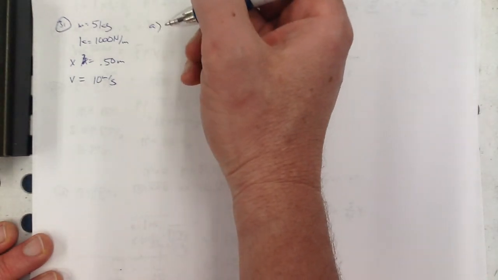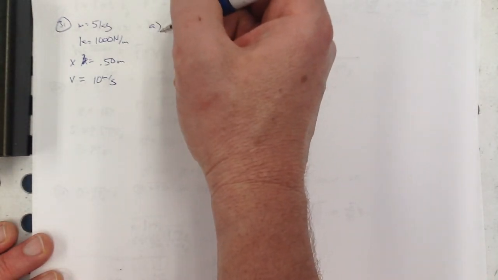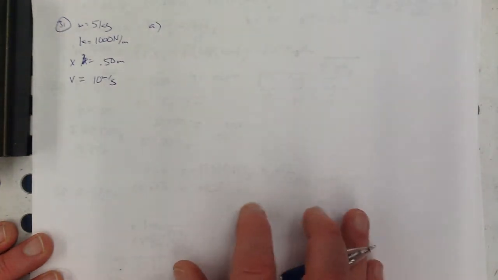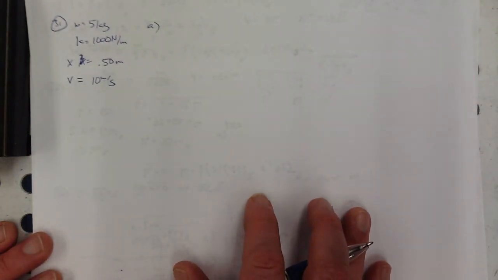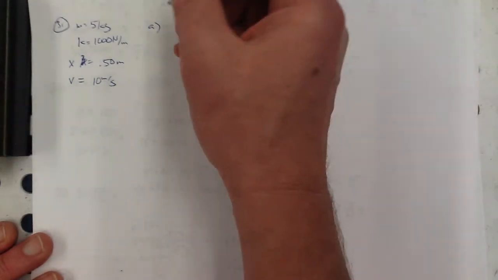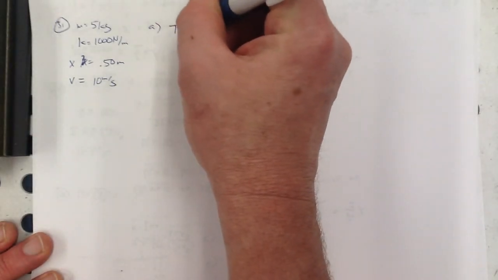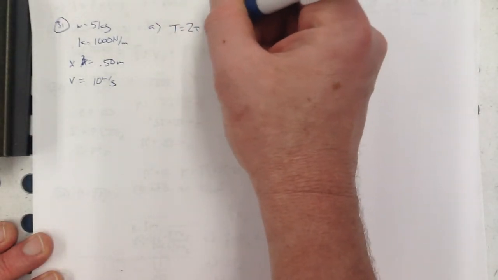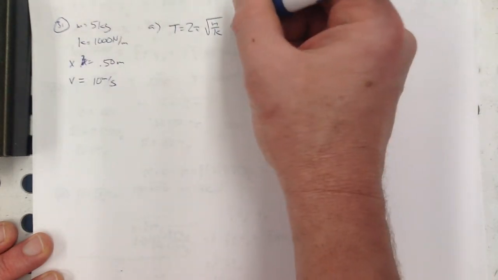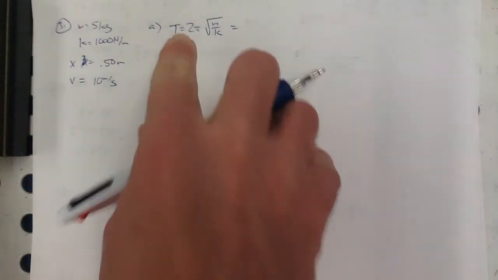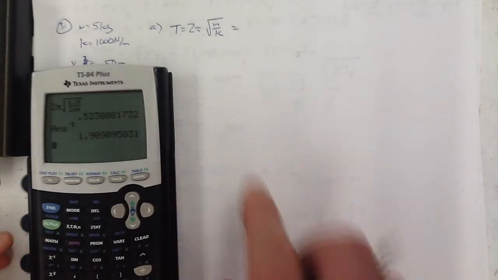All right. So the frequency is going to be, period is 2 pi times the square root of m over k, and I've got that, right? So I can do that and then flip it over to get the frequency.